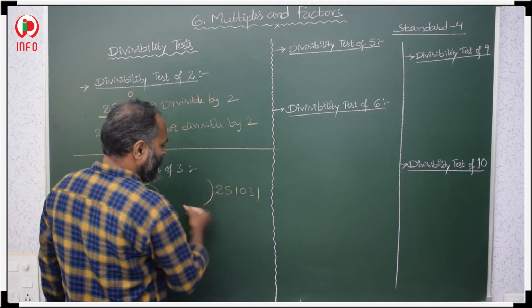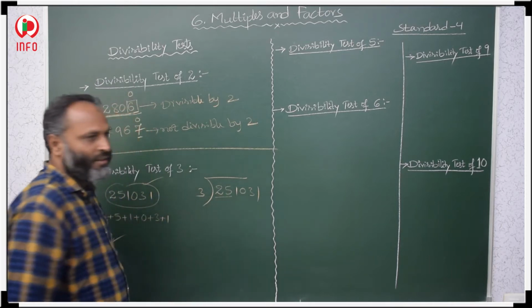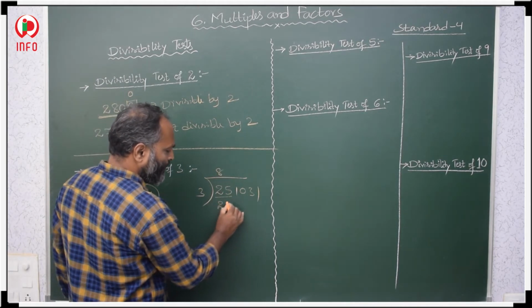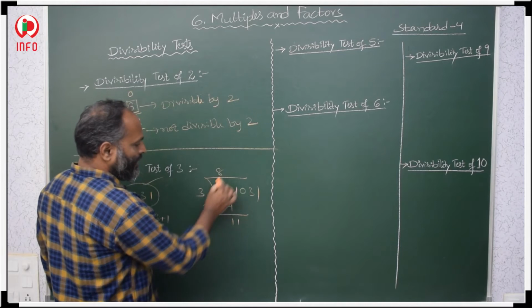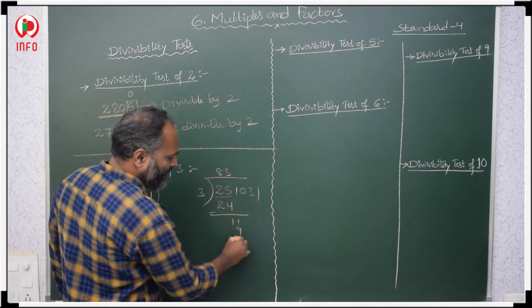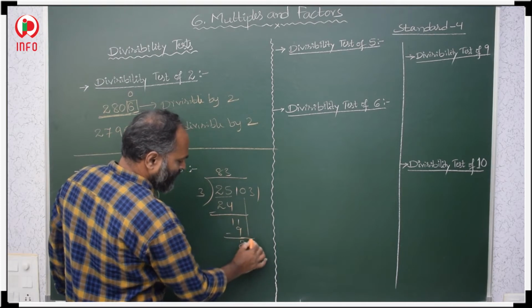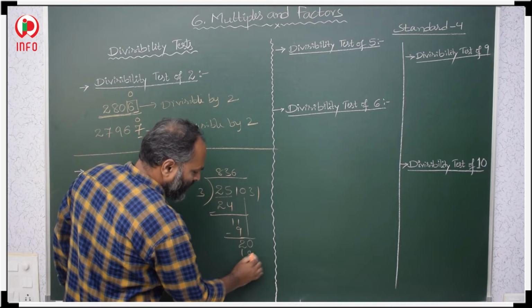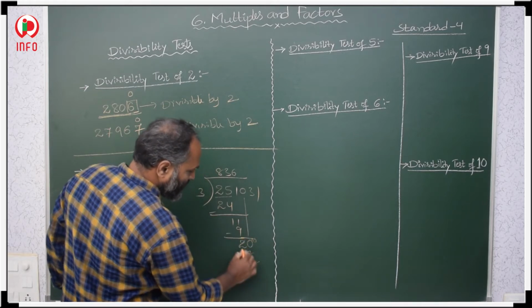251031 divided by 3. First, this 25 we have to take. 3 eights are 24, then minus, 1 will come, and after that this 1. 3 threes are 9, 11 minus 9, 2. Then after that 0. 3 sixes are 18, 20 minus 18, 2. 1 minus 1, 0, no need to take.